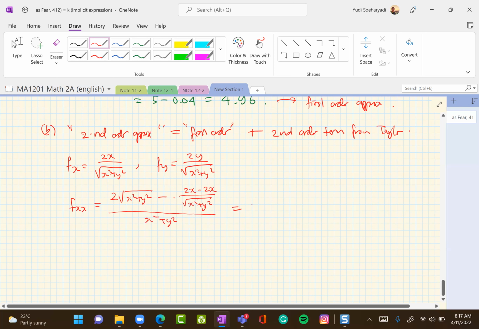Okay, so if you simplify this one, what do you get there? Actually, we don't need to compute it. Just compute at 3, 4. Okay, so just plug in 3, 4. That's easier. Okay, so if you plug in 3, 4, you get 5. That's 10 minus this is 2x, 6, 36 over 5.